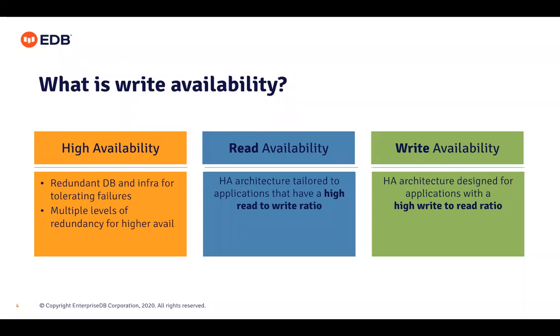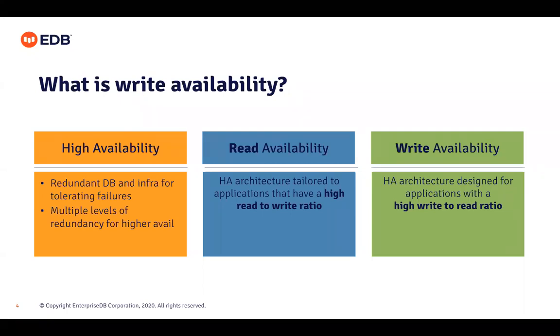Read availability versus write availability is about having a high read to write ratio for the transactions that are executed in the database. And we can tailor our architecture to take advantage of this need for supporting our application. For example, we'll talk about that in a couple of slides coming up.